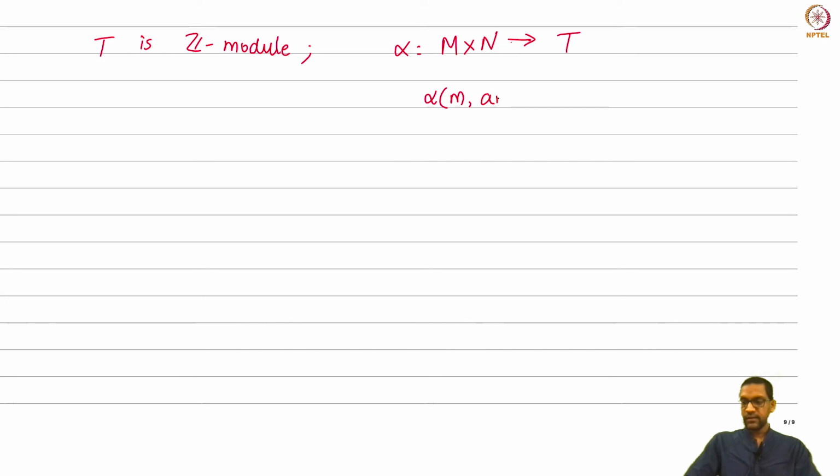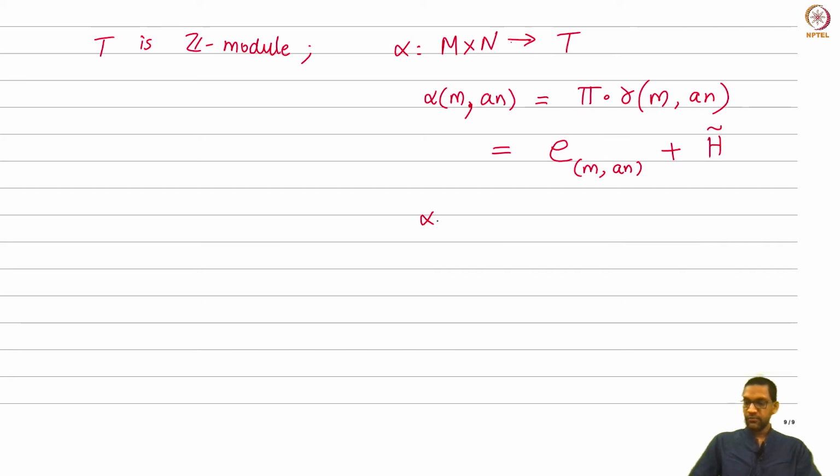What is alpha acting on (ma, n)? By definition, this is just pi composed with gamma of (ma, n), which is e of (ma, n), and pi just means you take its coset modulo H tilde, so plus H tilde.